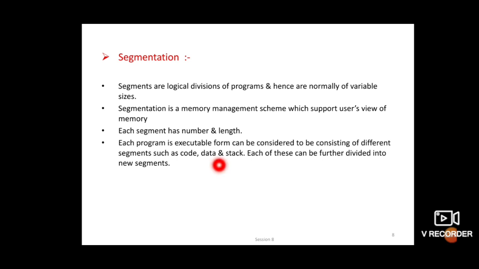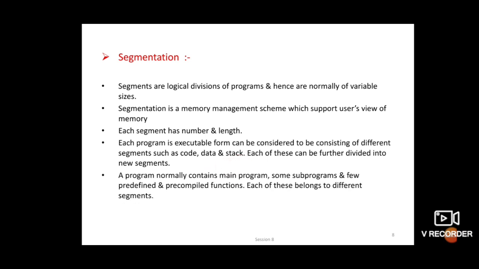Understood what is the meaning of executable form? An executable file or executable form is for running, and that run code is stored in the stack. A program normally contains a main program, subprograms, and a few predefined and precompiled functions. Each of these belongs to different segments.